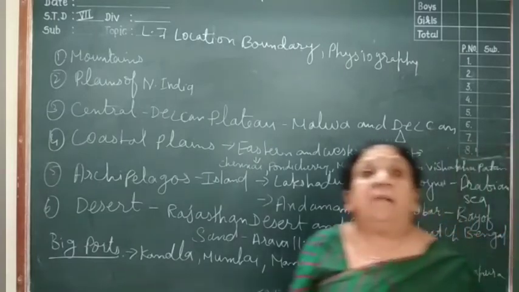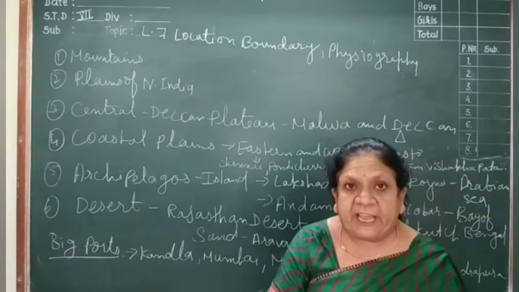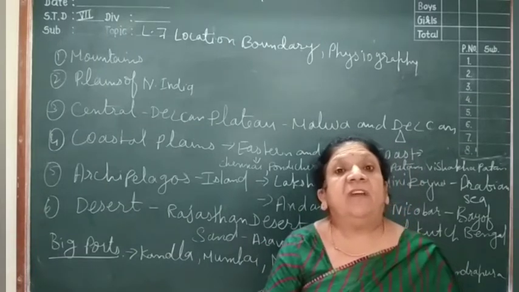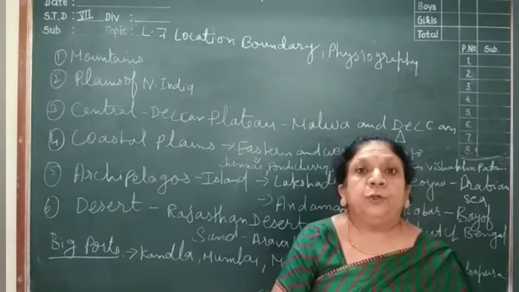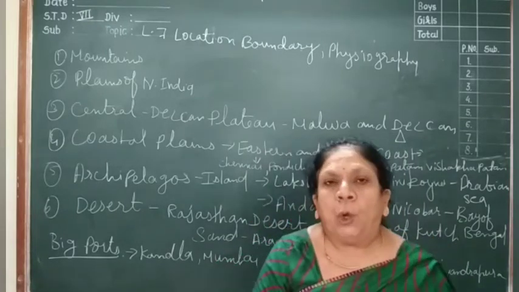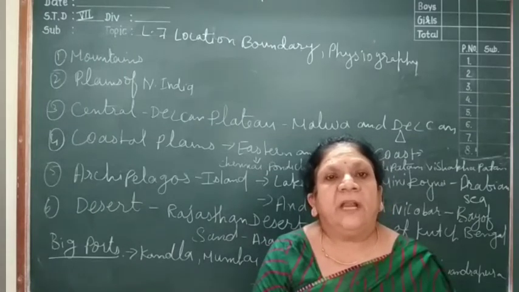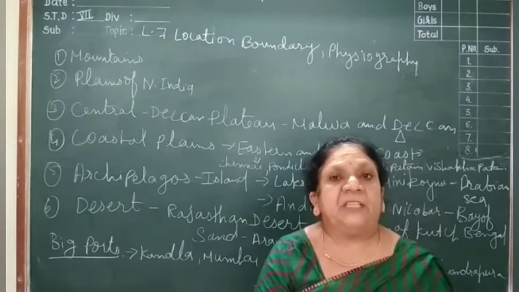You see, they are rich even in alluvial soil also. Agriculture is carried out here also and it is very rich in minerals. You see, in Karnataka there are two main gold mines. Understand? Kolar and Hatti. They are the two gold mines where gold is found in large quantity. Even iron and steel.